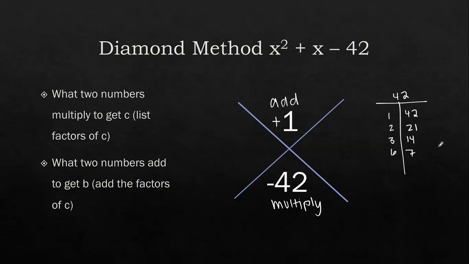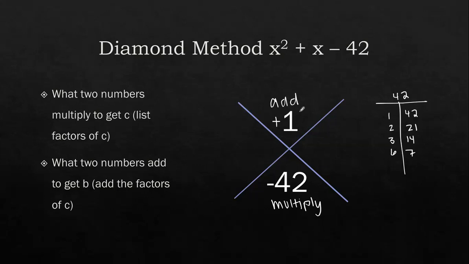So here's my question. This is where 6th grade math comes back into play. If you're looking for numbers that multiply to get you negative 42 but add to get you positive 1, one of the numbers has to be negative and the other has to be positive. But if it's adding to get you a positive, the bigger number has to be the positive one.